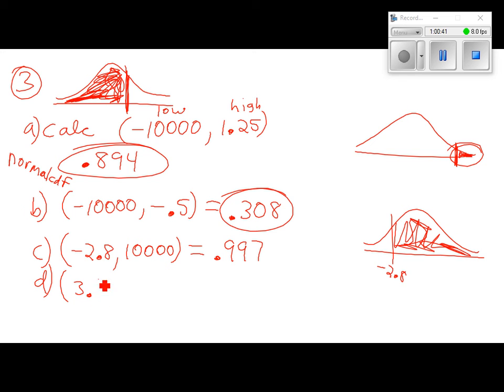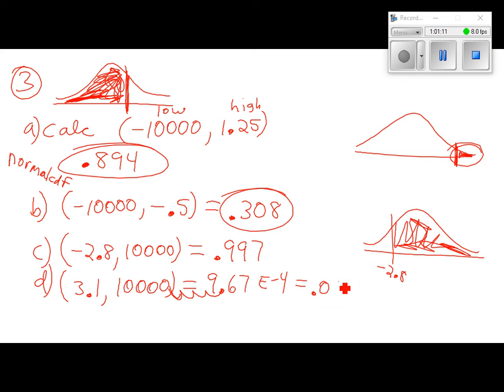3.1 is the low limit, high limit 10,000. I got 9.67, a bunch of numbers, and then E negative 4. What's that tell us? You have to move the decimal four places.